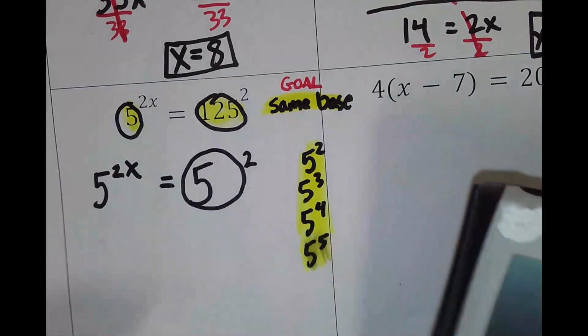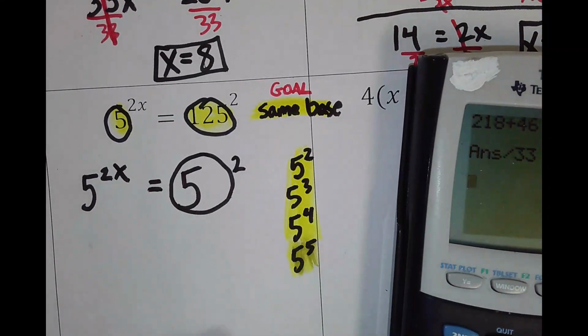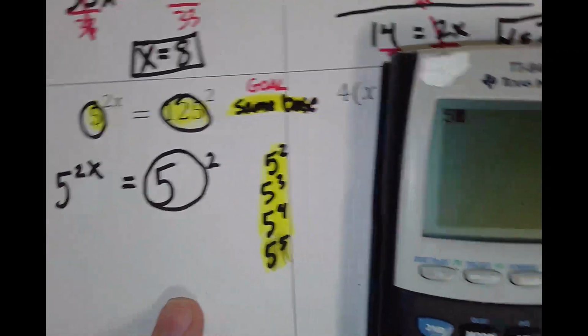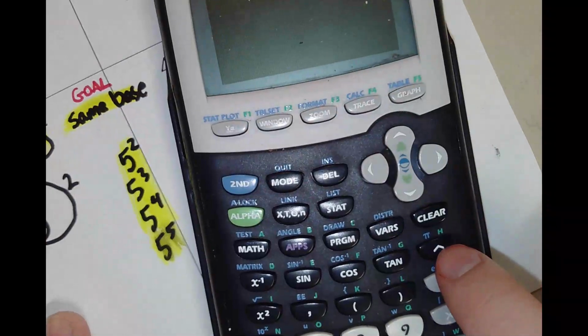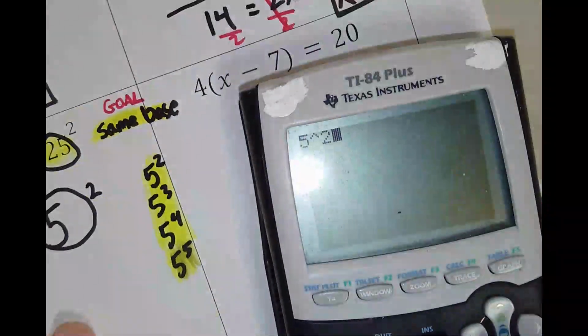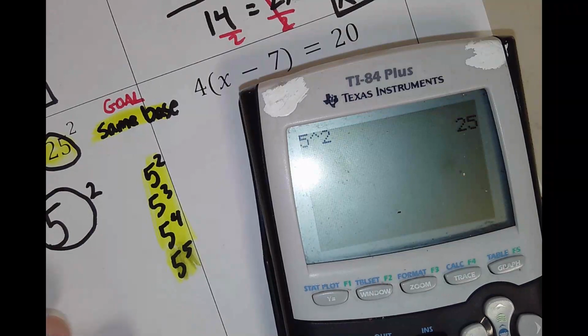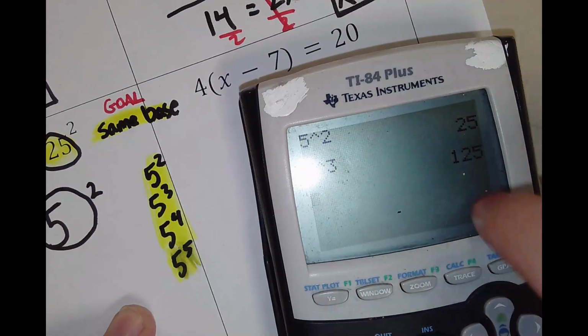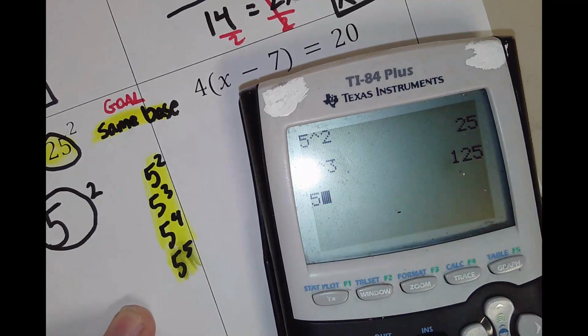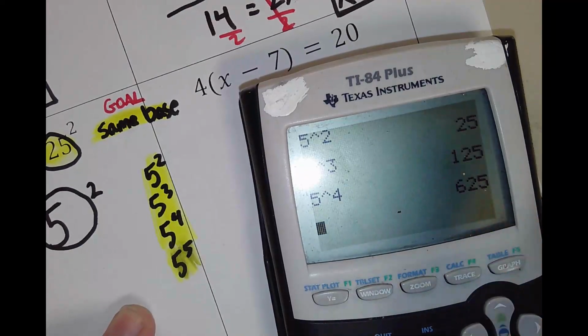We could check with our calculators. What is 5 squared? 5 to the power of 2 is 25. What about 5 to the power of 3? 125. And let's just check over here again. 5 to the power of 4. Way too big.